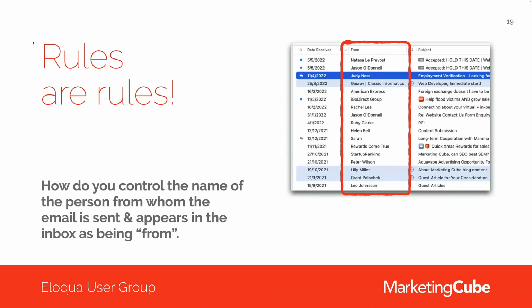The nice thing about the rule is it does give you some flexibility. If we think about sending out an email from multiple salespeople, then that's exactly what you want, the salesperson's name. If the person opens that email and hits reply, the reply goes back directly to the salesperson.